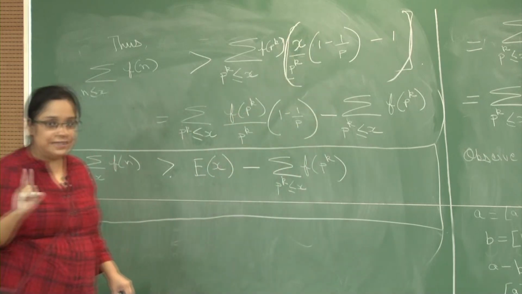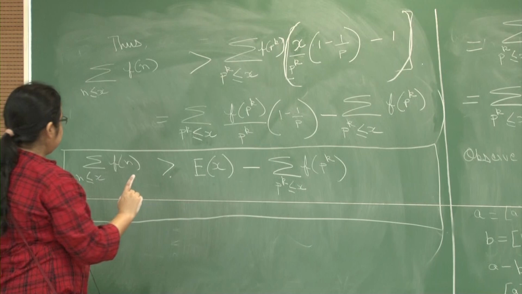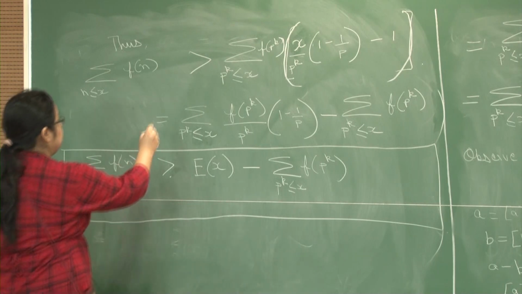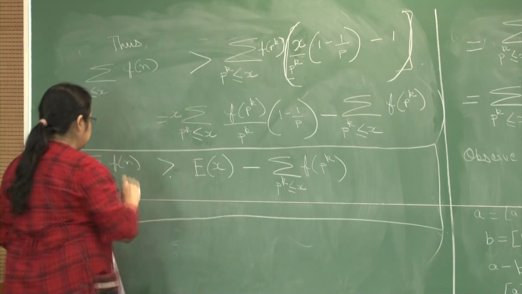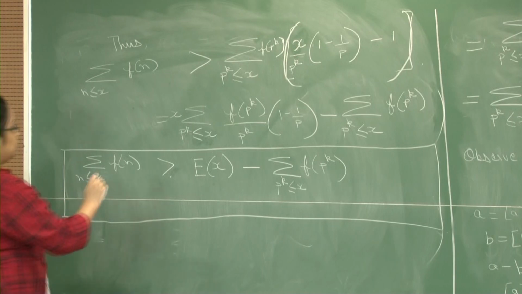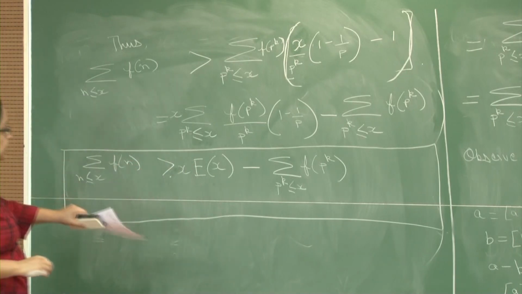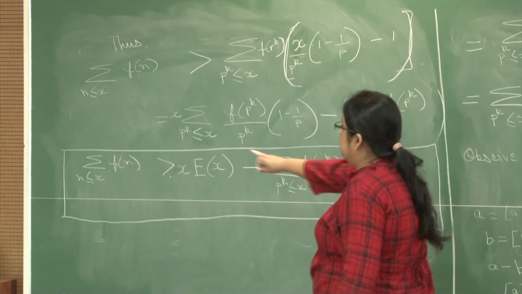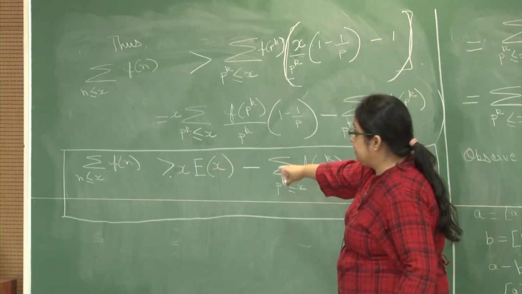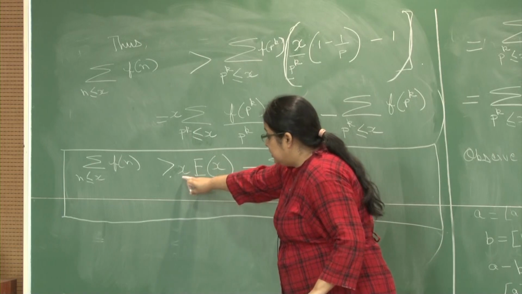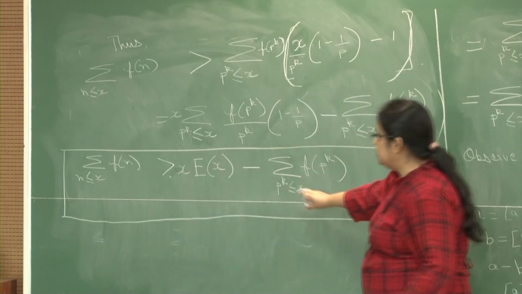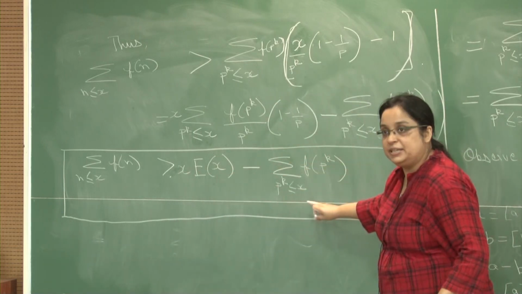This is the x I was missing out, right? So, then there should be an x here also. This is what you are saying, right? Okay, thank you. Thanks for pointing this out, and in fact this is actually important. So, negative of this would be less than negative of x times E of x plus this term here.